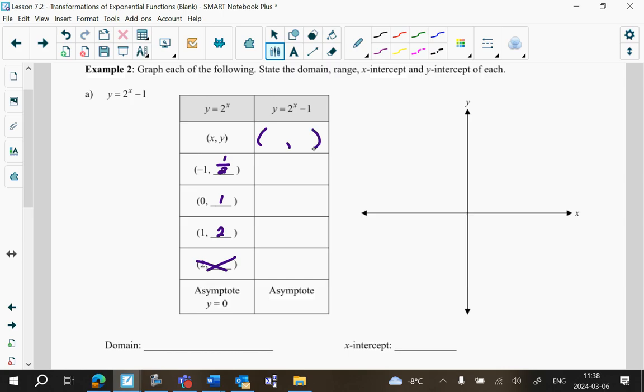What does the -1 do to the coordinates on the original? It shifts it. Which one? X or Y? Y, down 1. So basically, we've got to just take every Y value in this one and subtract 1. So -1 would be 1/2 minus 1, which is -1/2. 0, 1 would become 0, 0. 1, 2 would become 1, 1.